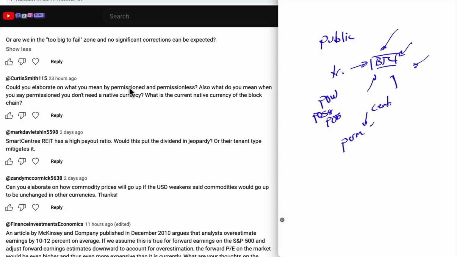Permissioned, you don't need a native currency. You have all the benefits of the trusted third party. With permissionless, the idea was not, we can't trust our third party. And that was never the motivating idea behind it. It was, in essence, a computer science problem: how would you do it online without the benefits of the trusted third party?